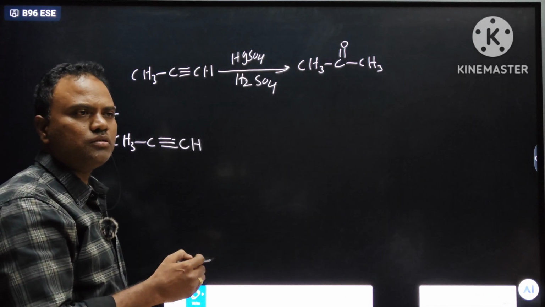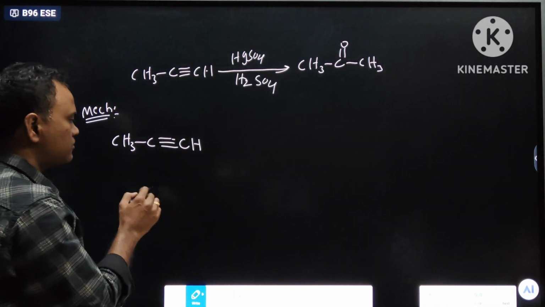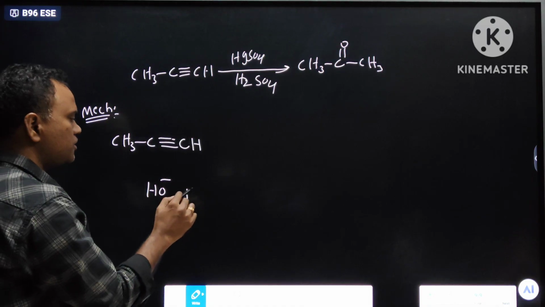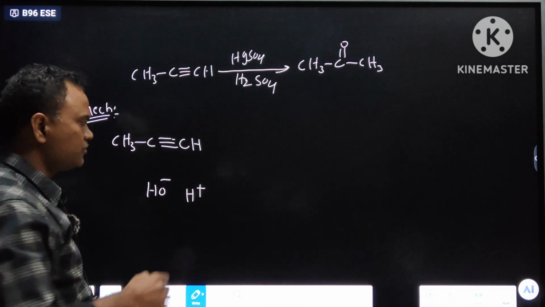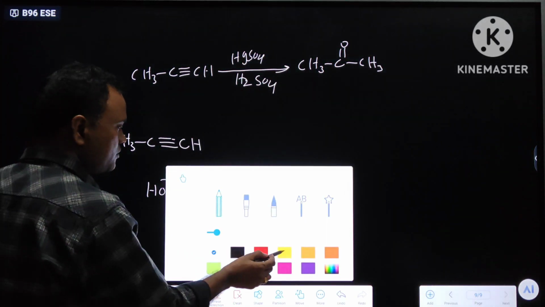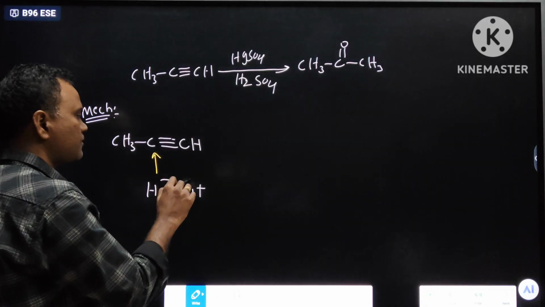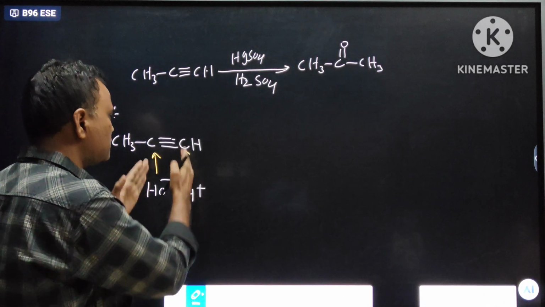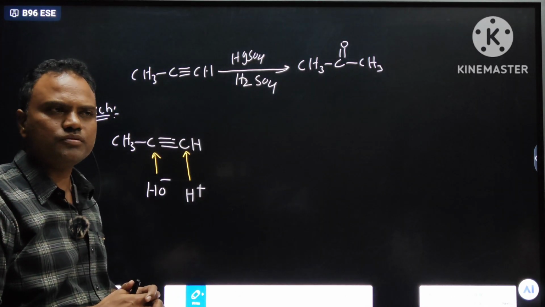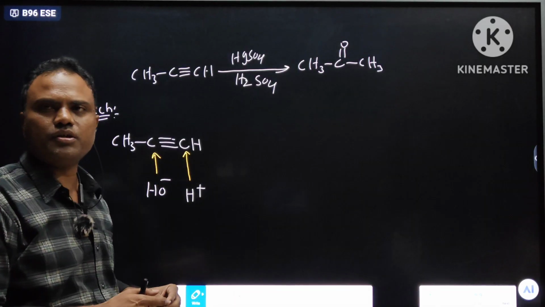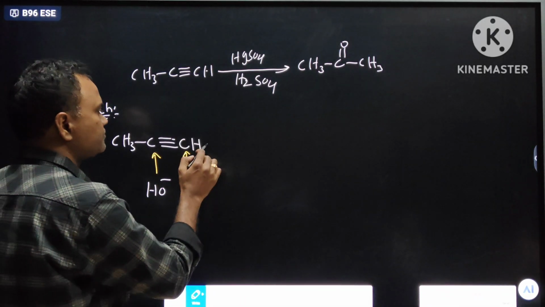Water, what is the negative part of water? OH minus and H plus. Listen first, important part. You are adding 2 atoms, so the triple bond will convert to a double bond.